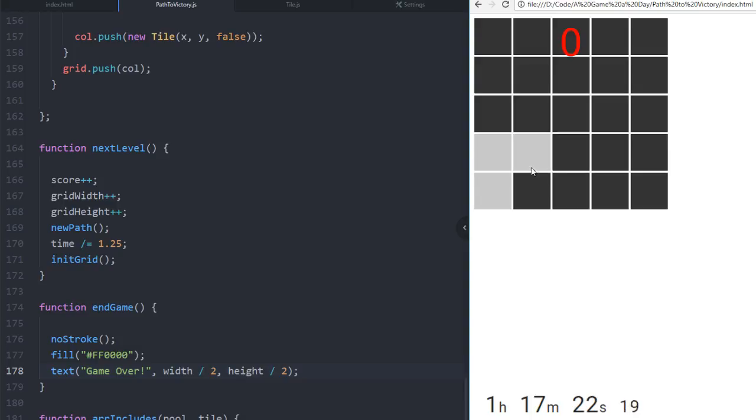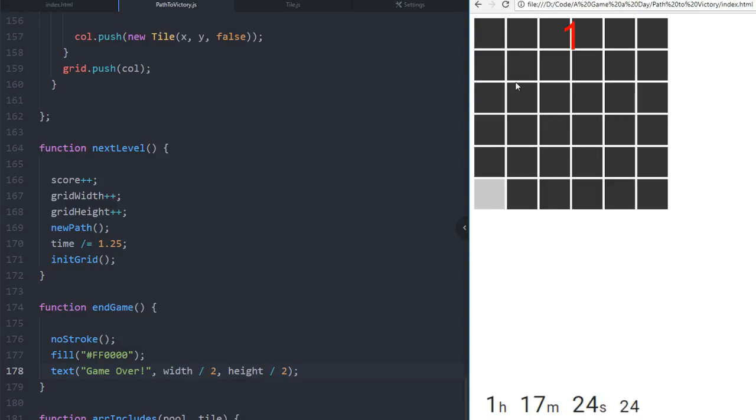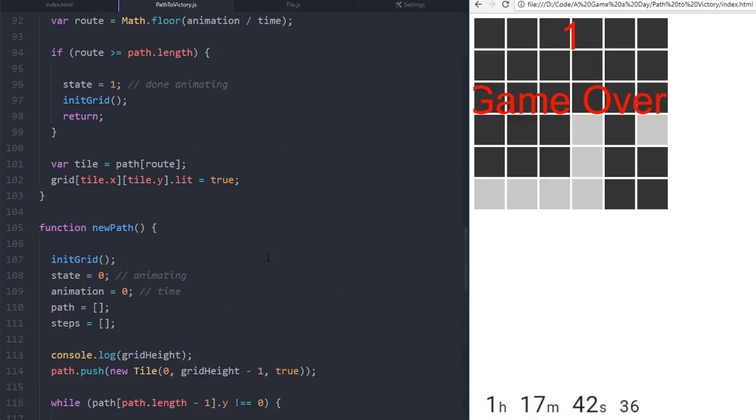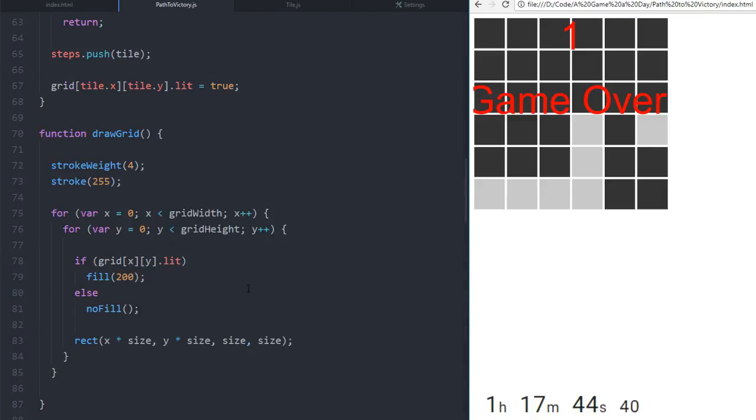Wow, that is a long one. Okay, let's make the text size a little bit less.